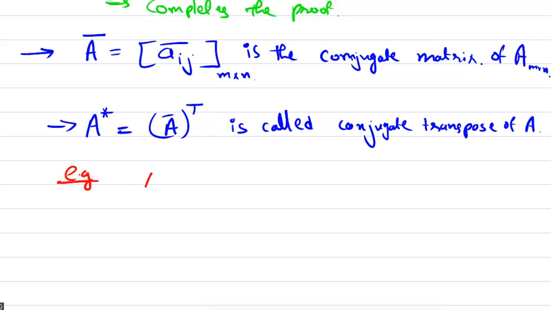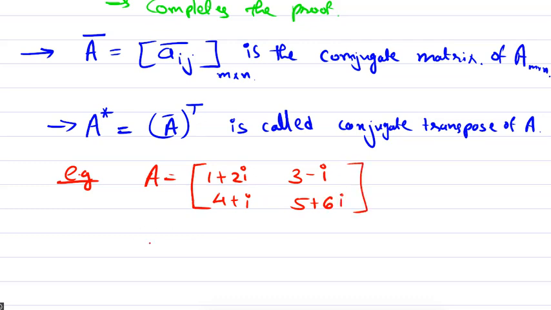Let's see by example. Let A be the matrix with entries 1 plus 2i, 3 minus i, 4 plus i, and 5 plus 6i. What will the A conjugate be? A conjugate is 1 minus 2i, 3 plus i, 4 minus i, and 5 minus 6i.